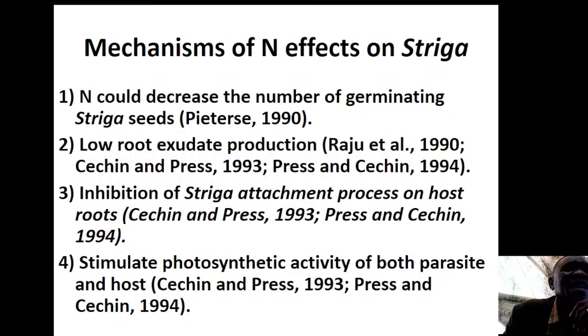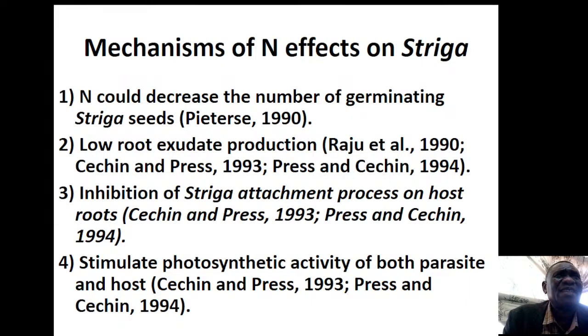So what are the mechanisms? Nitrogen could decrease the number of germinating Striga seeds, or low root exudate production can occur.